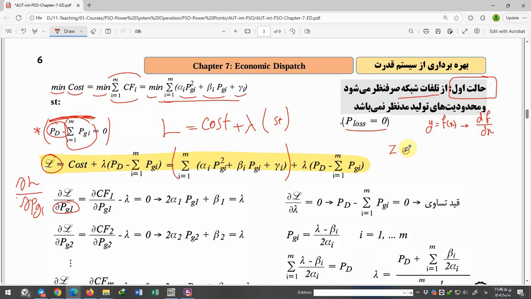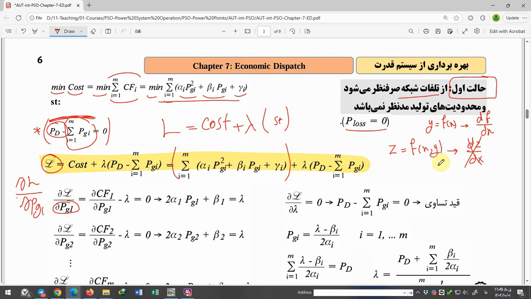If you have z as a function of x and y, where z depends on x and y, and x and y are independent parameters, dz on dx is not defined because z depends on both x and y.